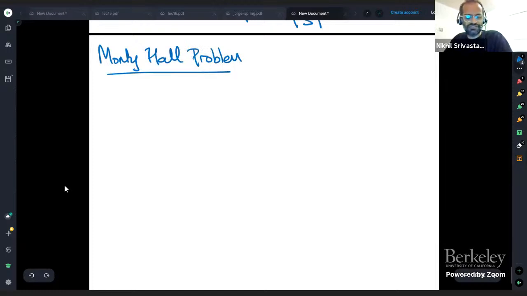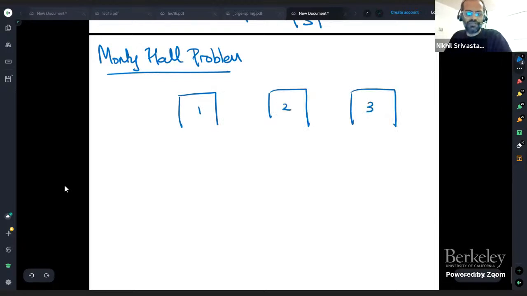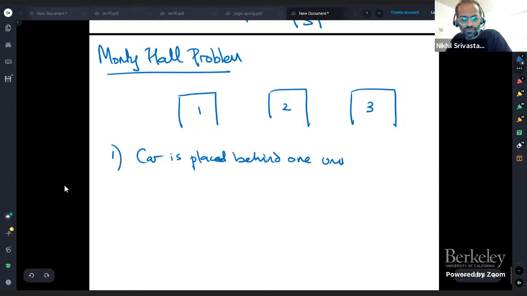Monty Hall is actually a game show that used to take place in the 70s. In the game show, you have 3 doors labeled 1, 2, and 3. And the following happens. First, a car is randomly placed behind one of the doors, uniformly at random.